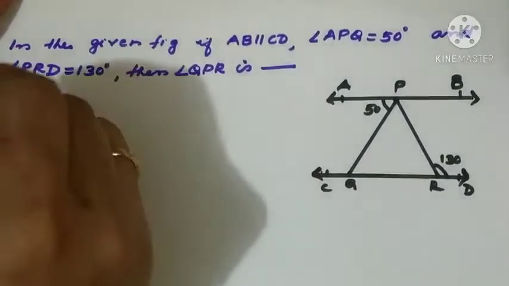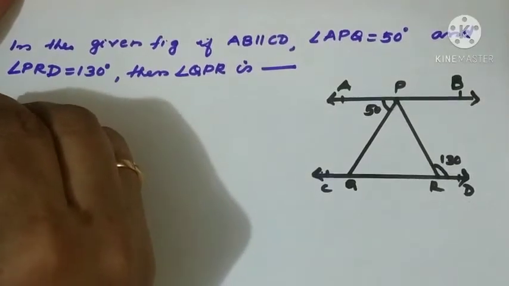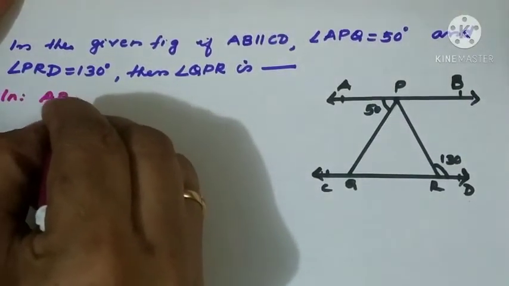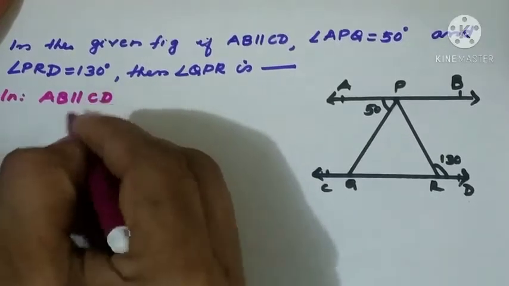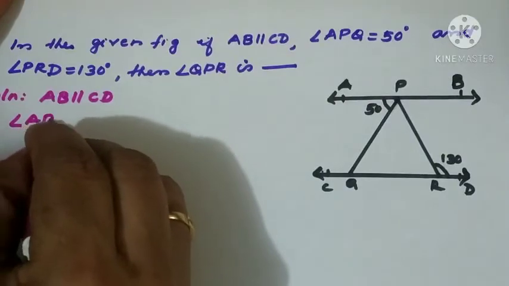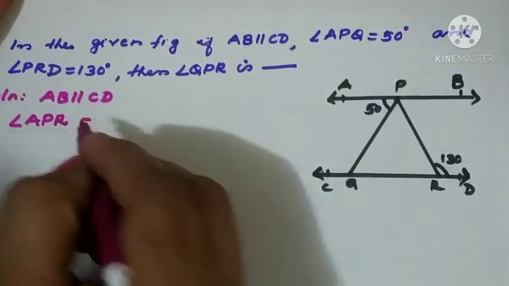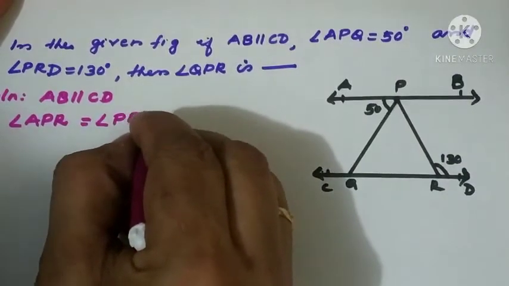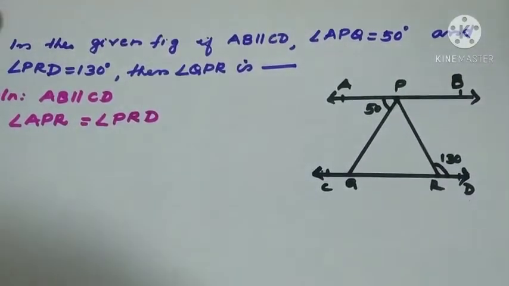If AB parallel to CD, angle APR equal to angle PRD. What is the reason? You can tell me now.